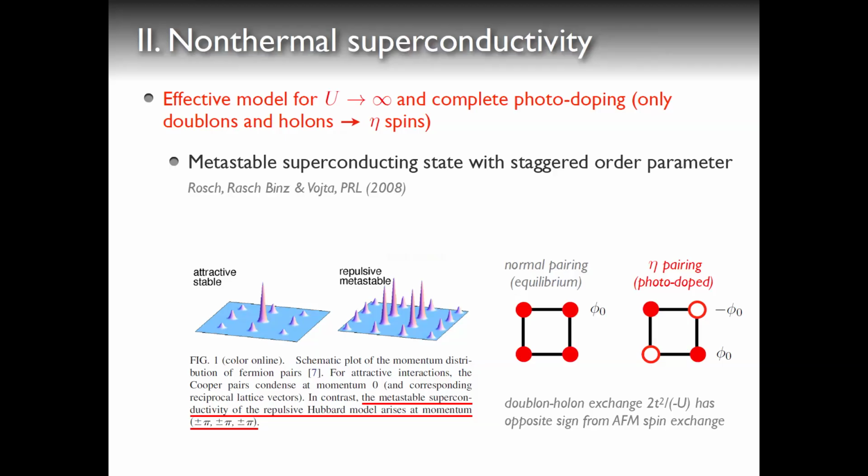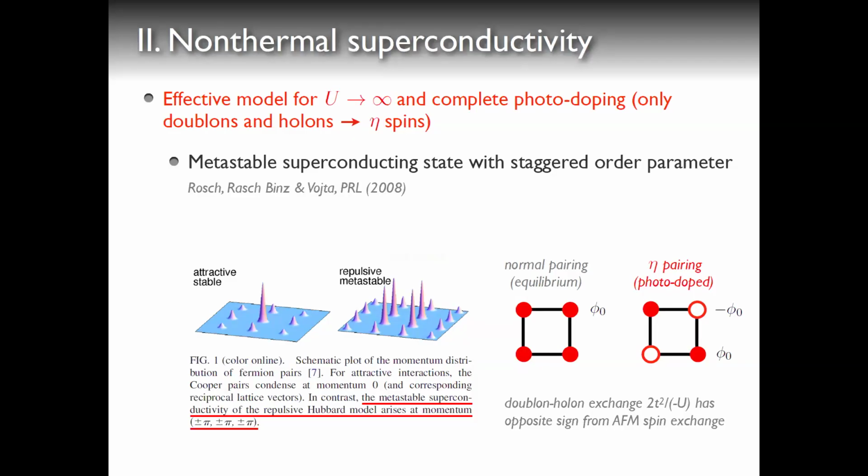And here I show a result from the work by Achim Rosch and co-workers who, in the context of cold atom studies, considered the Hubbard model with basically infinite interaction and with full photodoping, in the sense that every site of this Hubbard model is either doubly occupied or empty. And he showed that this state can be superconducting with a staggered order parameter.